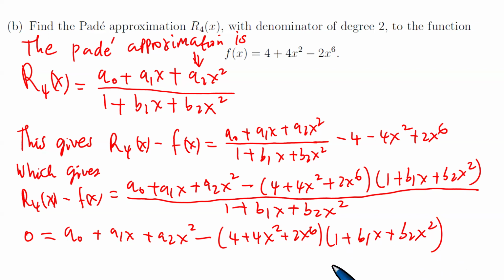Okay, so that is what we're able to get. So we actually have that 0 expression from the Pade approximation relation.